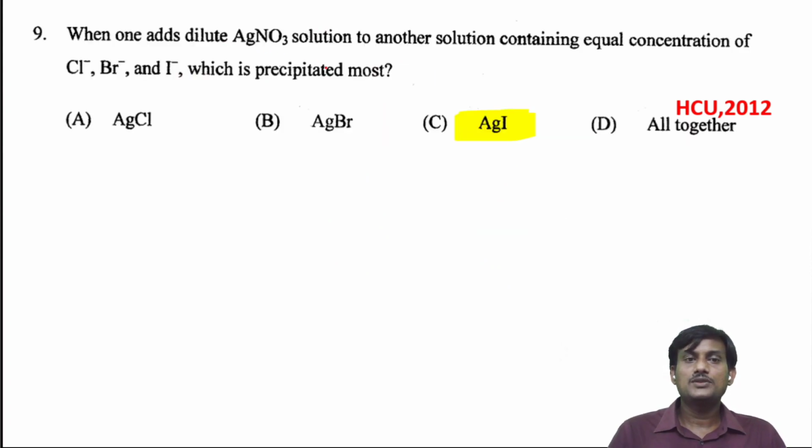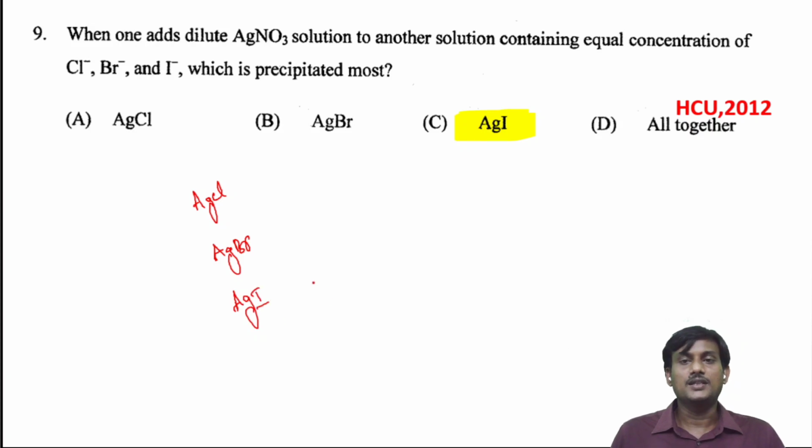When one adds dilute AgNO3 solution to another solution containing equal concentrations of Cl minus, Br minus and I minus, which is precipitated most? When AgNO3 is added to Cl minus, there is a formation of AgCl. When you react with Br minus, there is a formation of AgBr. And when you react with I minus, there is a formation of AgI.